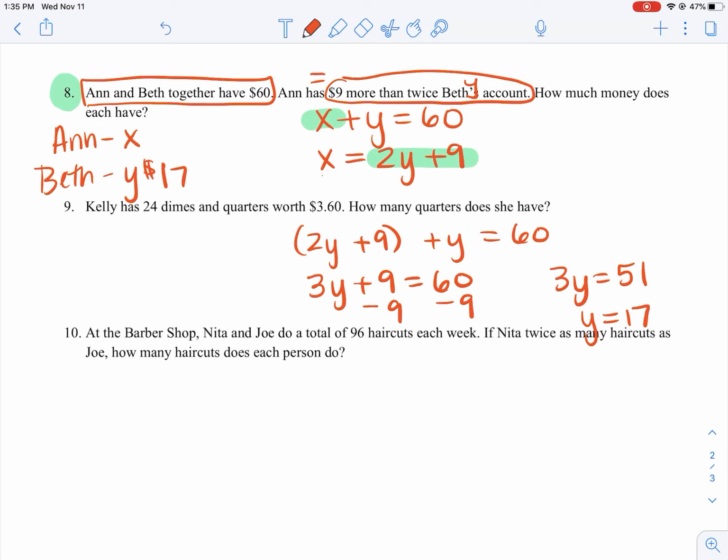So Beth has $17, right? I think that math is right. And then together they have 60, so X plus 17 equals 60. When I subtract 17, I get X equals 53. So $53 there.